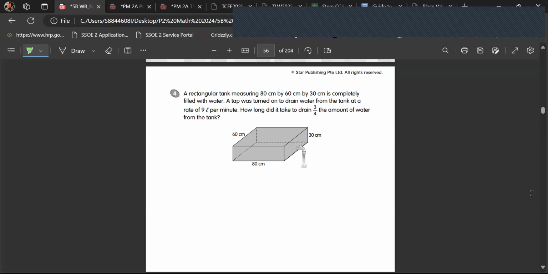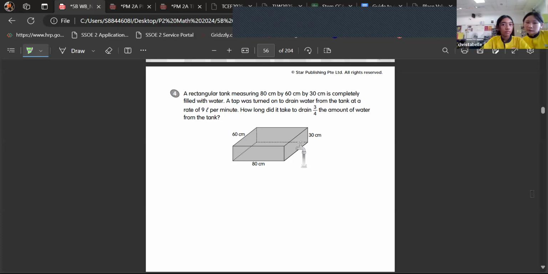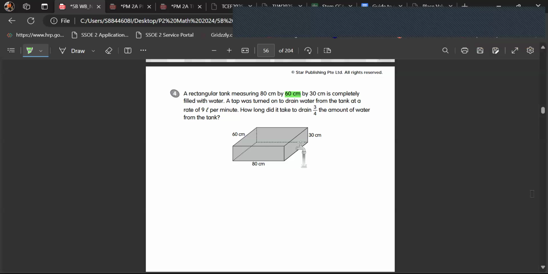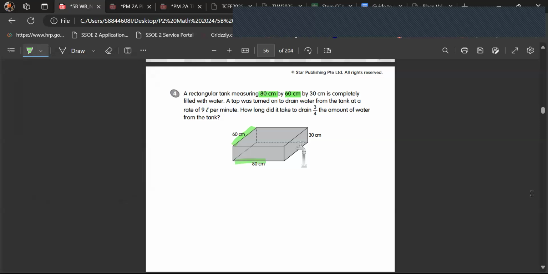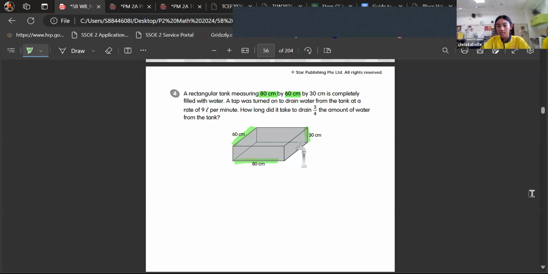Length times breadth times height. Very good. You remember, length times breadth times height. So here you can see it is also quite helpful. The measurements are given here. We've learned this before. Three units of measurement.